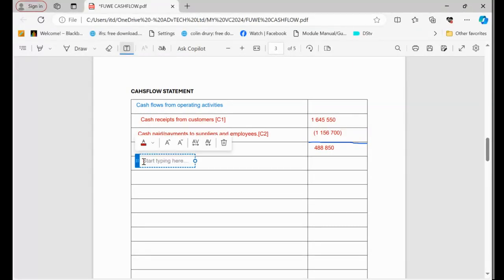Right. So I'm going to look for the dividends income, or you can call them dividends received. It's up to you. It's the same thing.